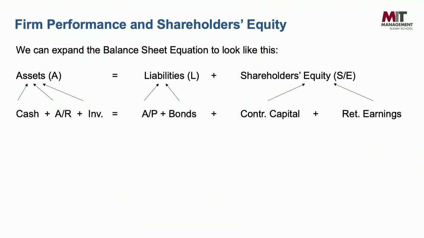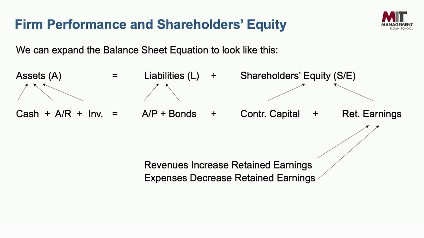So cash, accounts receivable, and inventory are all assets. Liabilities are things like A/P, accounts payable, and bonds. And then we've already seen that stockholders' equity is contributed capital and retained earnings. And as we just saw a minute ago, revenues are going to increase retained earnings. Expenses are going to decrease retained earnings.